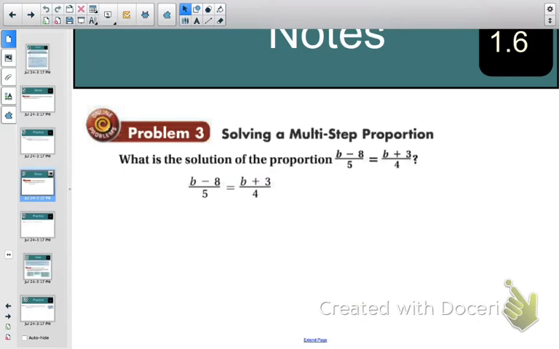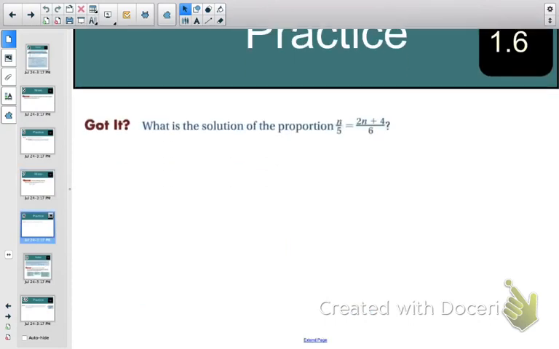Alright, onward. Go ahead and try this one. I'll give you a couple seconds to pause this. 3, 2, 1, pause. Okay, welcome back. The equation you should have got is 5 times (2n plus 4) equals 6n by multiplying the diagonals together.